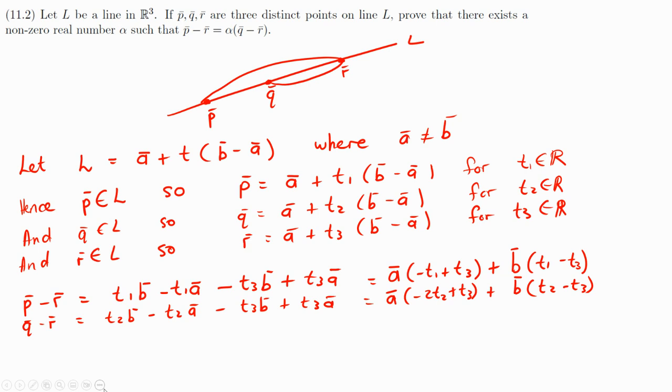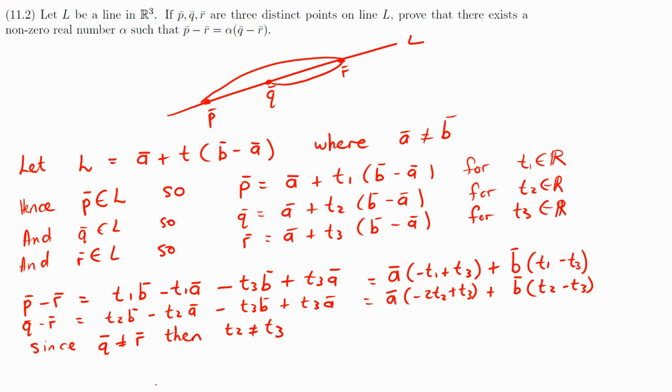What can we say? What else? So since Q is not equal to R, since these two are not equal to each other, we can say that obviously because they are two distinct points, then T2 will not be equal to T3. So that's from here.